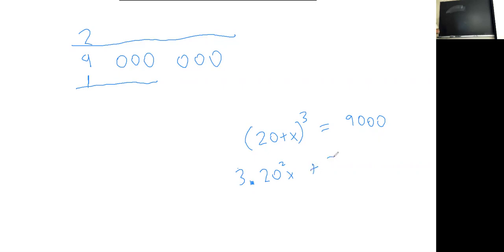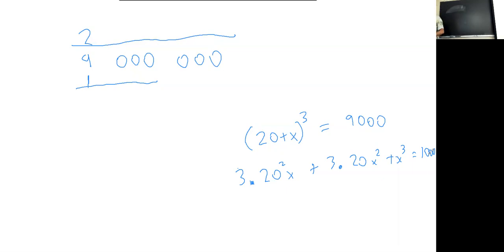Plus 3 times 20 x squared plus x cubed equals 1,000. Just got that in. Okay, and so that's not the most computationally efficient way to write that.